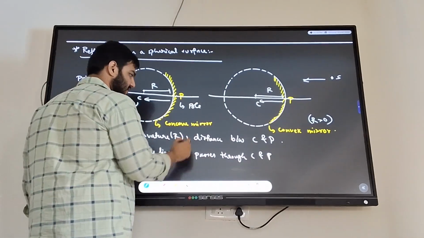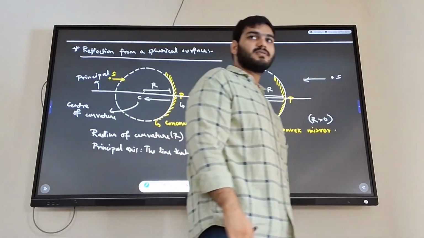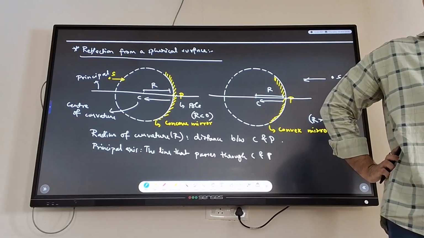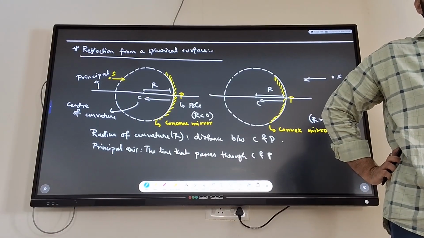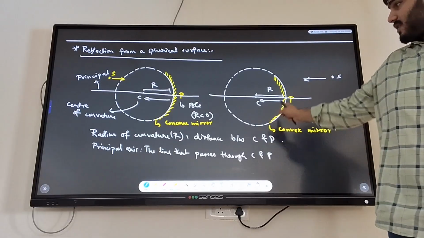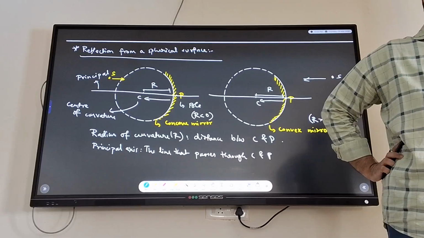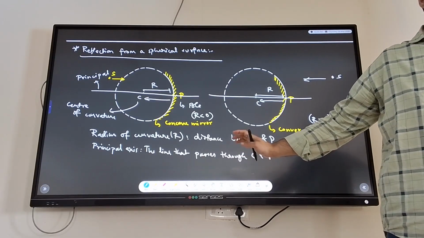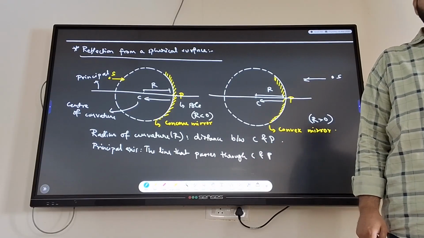So for a concave mirror, you will always have a negative radius of curvature. This is one of the key characteristic features. And for a convex mirror, you will have a positive one. Am I going too fast here? It's all stuff that you have seen already, no? Good.